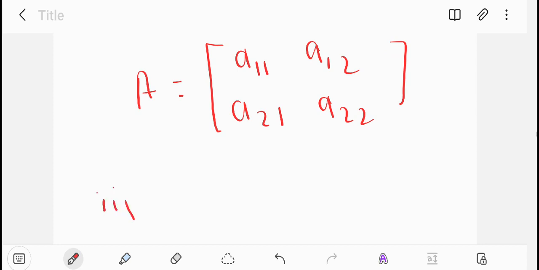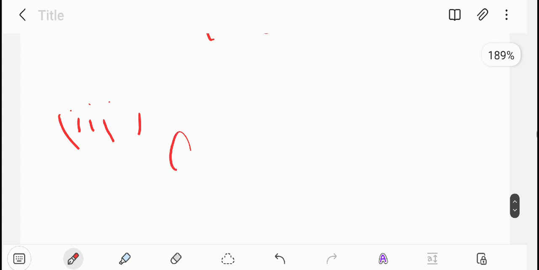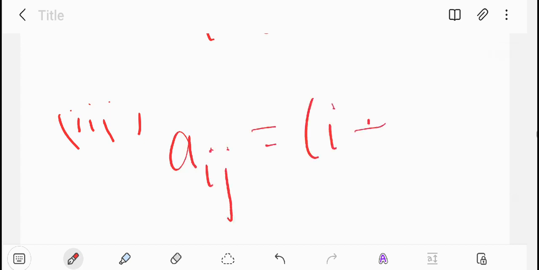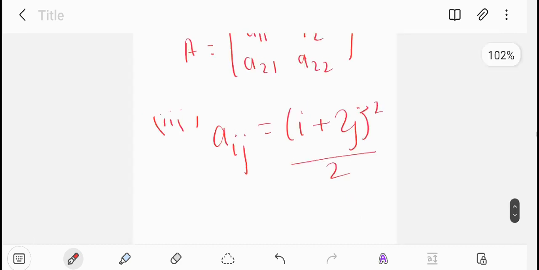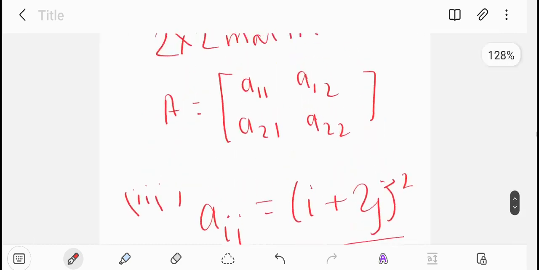In the third part, we are given that the elements are of this form. Okay, now what do we have to find? We have to find a11, a12, a21 and a22, isn't it?